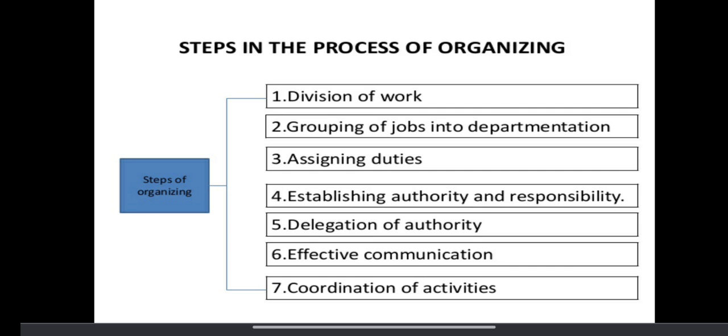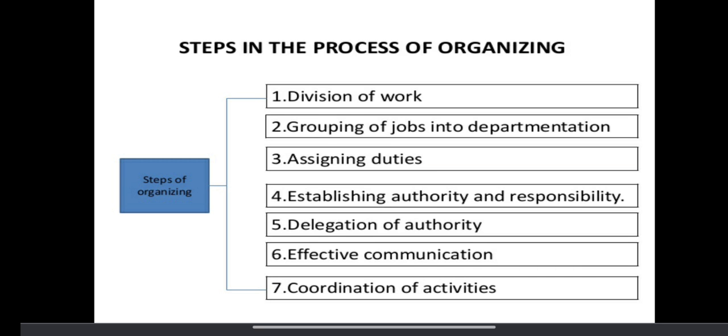You can observe that authority means a sort of directing, a sort of controlling, a sort of leading. If these three points are there, is it called authority? No. Authority always follows with responsibility.